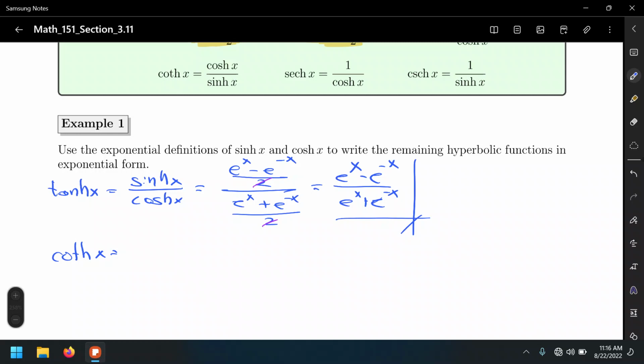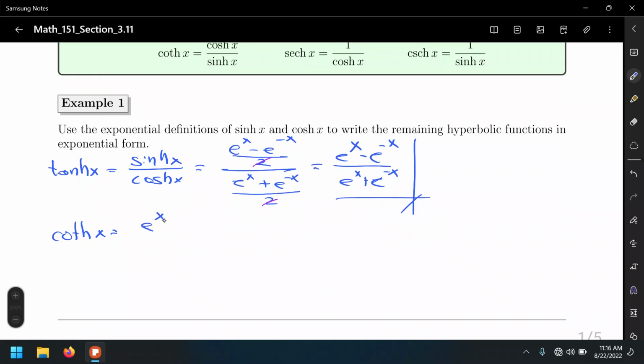So using the result from before, just write down the reciprocal. That's our hyperbolic cotangent. So let's go ahead and do that: e to the x plus e to the negative x over e to the x minus e to the negative x. So we have one more.